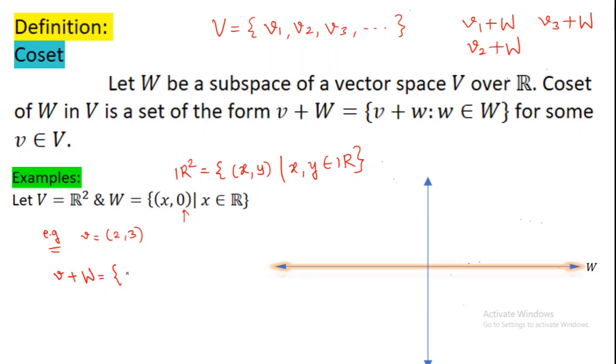I will write it like this. First of all, V plus W such that W belongs to W, which is further equal to the set of all... Now let us put the value of V. V is nothing but (2, 3) plus a general element of W. A general element of W looks like this: (x, 0), such that x belongs to R. There is only one variable over here, that is x.